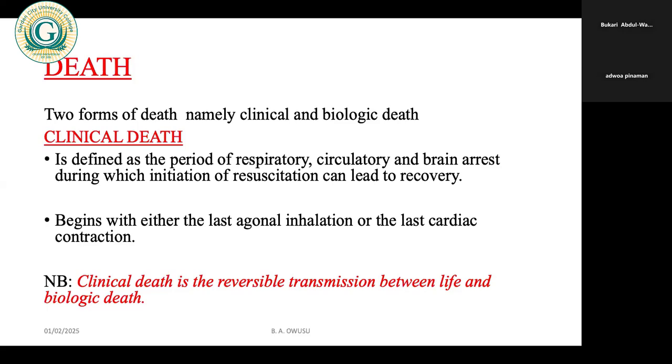They only start the chest compression or the CPR when there's no pulse and other things. Until those are absent, he initiates the CPR or chest compressions. It is when all those things have failed that he can say this person is dead. So I think what they usually mention is the biological death.